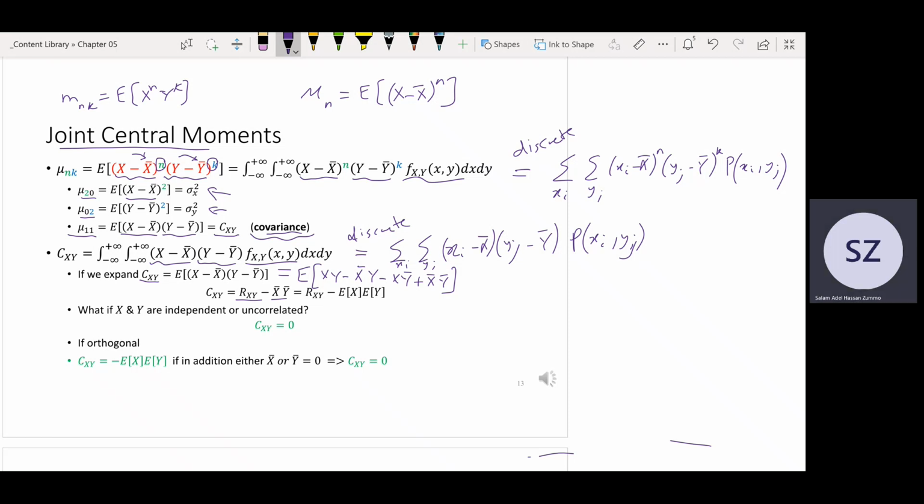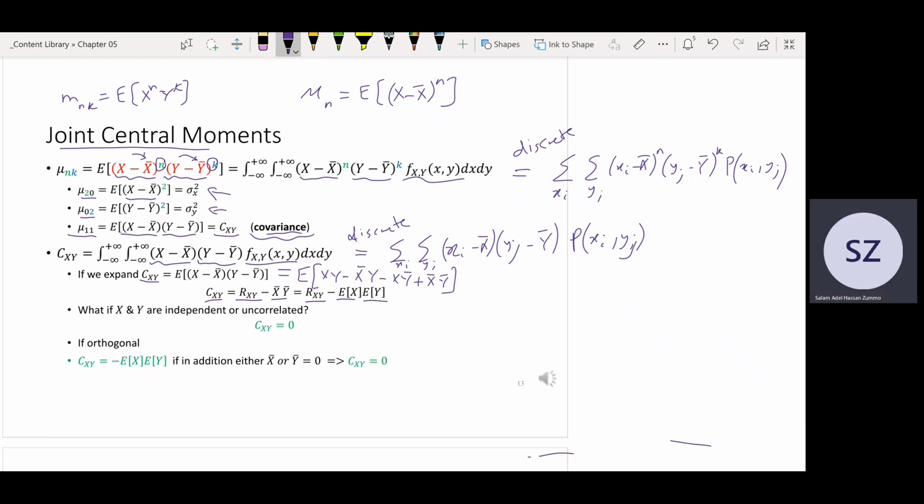The same thing, x bar y bar, with a minus. And this one, x bar y bar, positive. So we have two negatives of x bar y bar and one positive. So what do we end up with? Only one negative. So basically, the covariance equals the correlation minus the product of the two means.